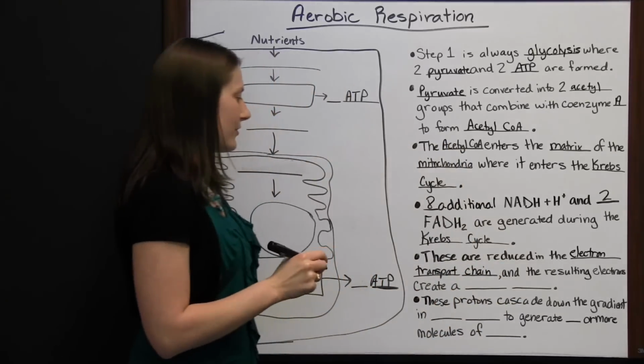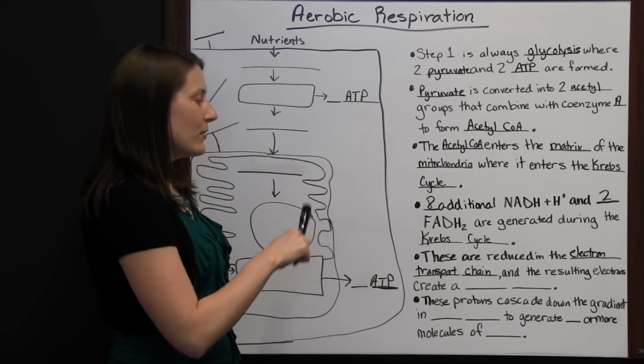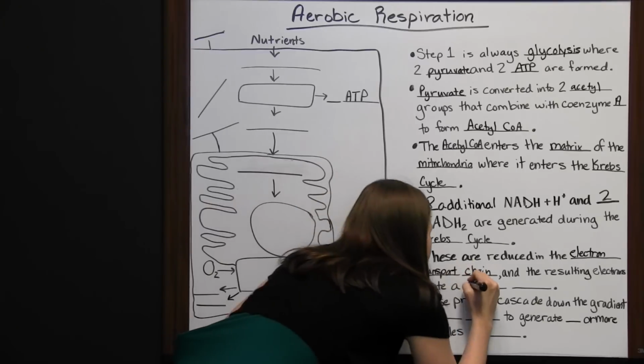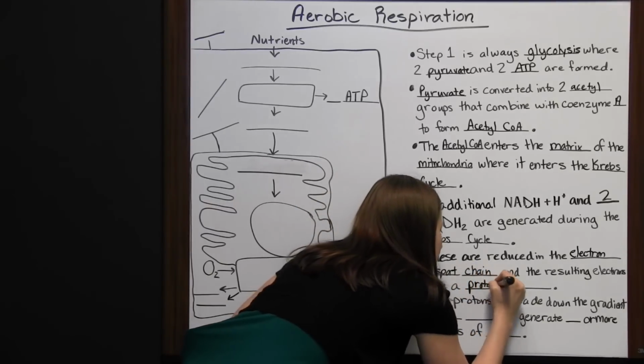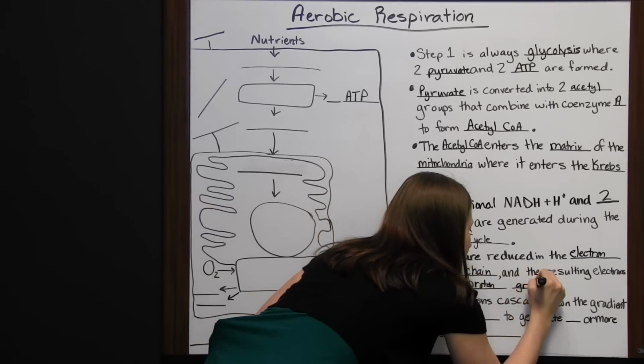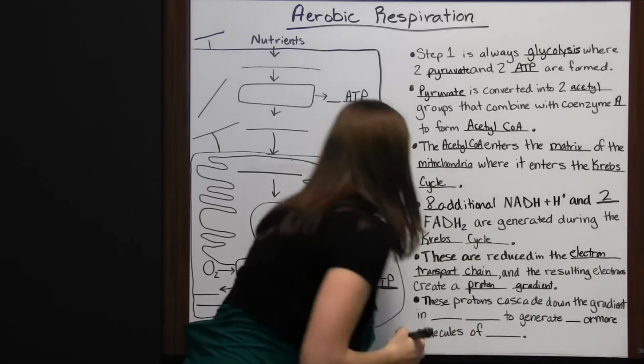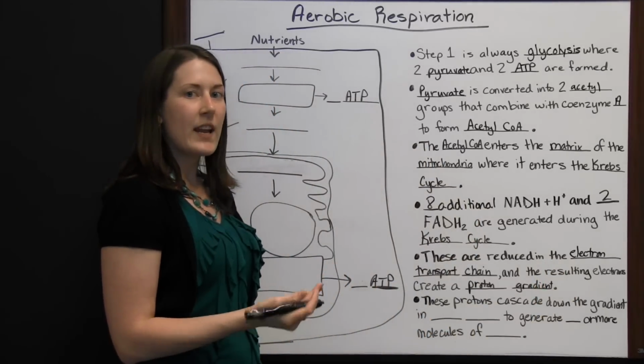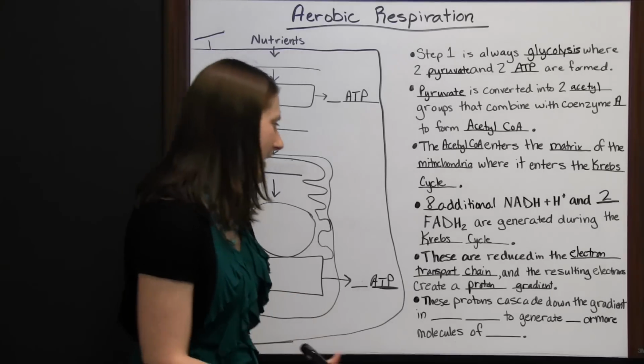So, electron transport chain, these are reduced, and the resulting electrons create a proton gradient. And these protons that have been created kind of cascade down the gradient.